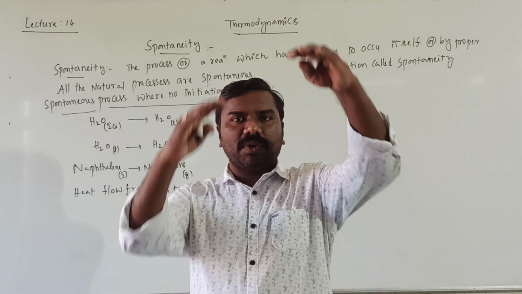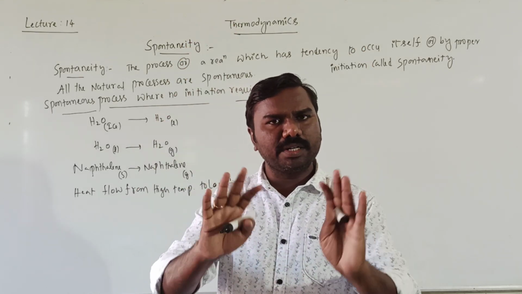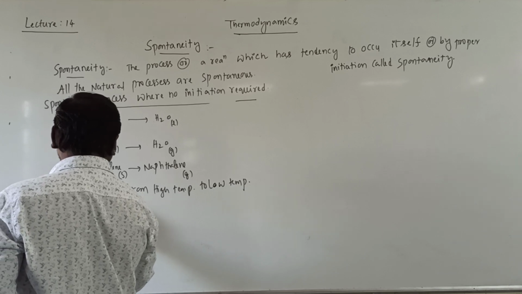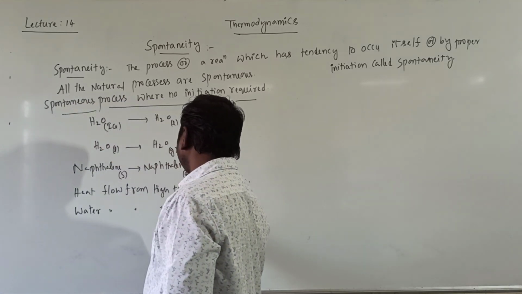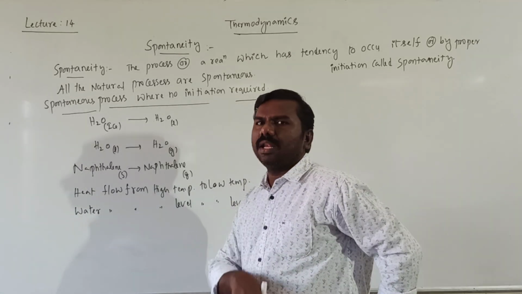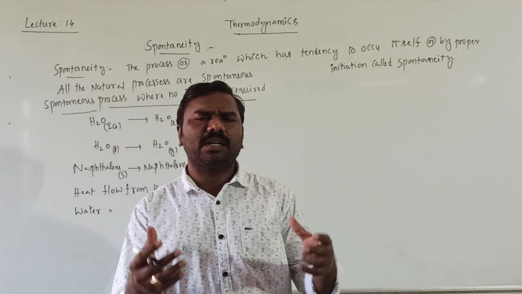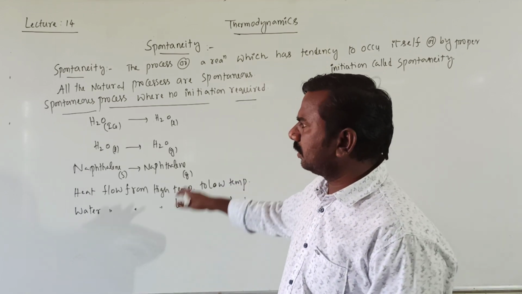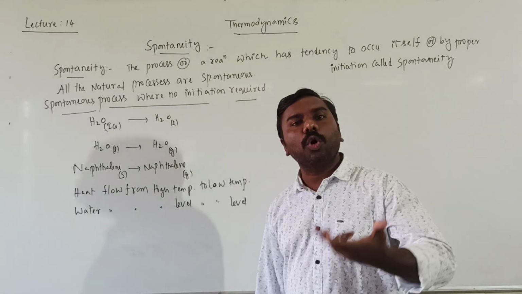Water flows from high level to low level on its own. Like that, we can say there is a wide range of examples. All these processes are taking place on their own.